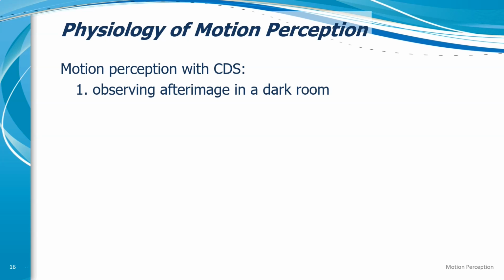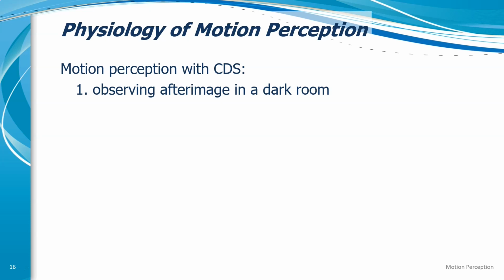What you have to do is very briefly look at something pretty bright. This will produce an after image. Okay, so you'll have to be in a completely dark room, open your eyes, and really briefly shine a flashlight into your eyes. Don't get a super bright one. I don't want you damaging your vision. Just do this very briefly, and then turn off the light.